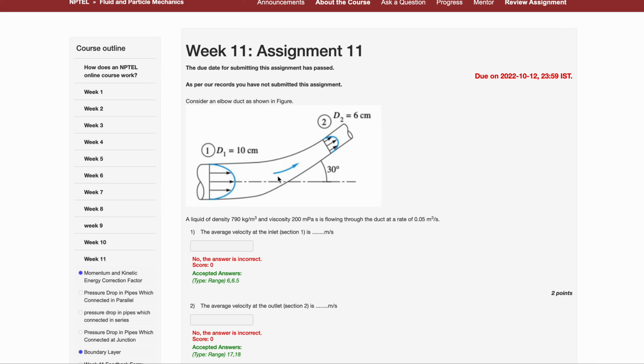As far as I understood from the figure, the cross section is also varying. It's giving a velocity profile here and a velocity profile there. This is more or less a parabolic velocity profile, and this is more or less a turbulent velocity profile. Fine.